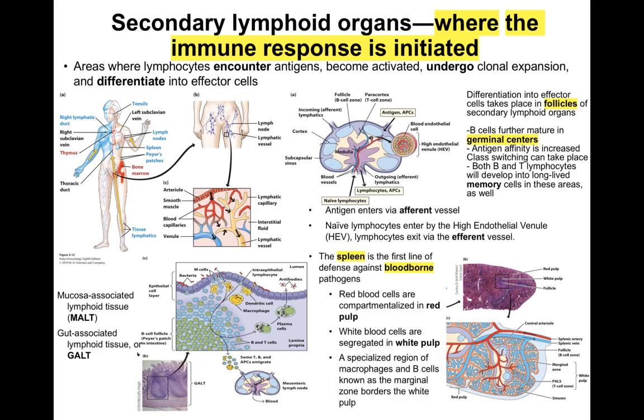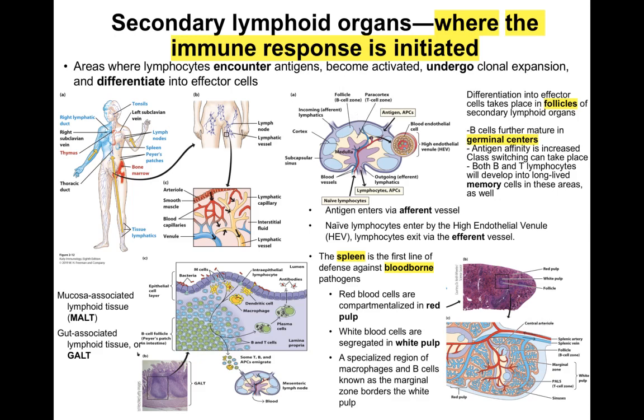You have antigens coming in through these afferent lymphatics and then leaving through the efferent lymphatic vessels. Then there are naive lymphocytes, meaning they haven't seen antigen yet, and they come into the lymph node through these high endothelial venules. In the lymph node, there are B cell zones, which make up a follicle, and then T cell zones in the paracortex.